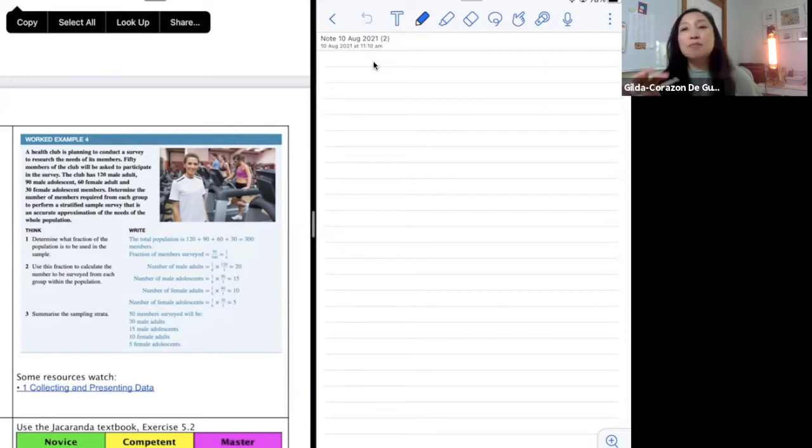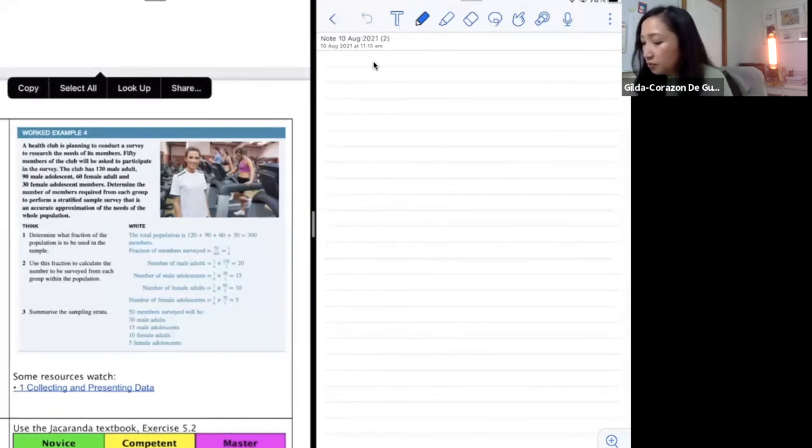So again, because the number of people from each of the groups would not be the same, then you'd want to use a stratified sample or stratified sampling, okay? So with this one, you would have to add all of them together. So the club has 120 male adults.